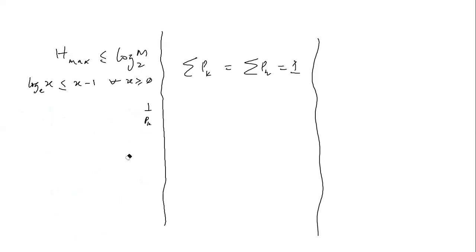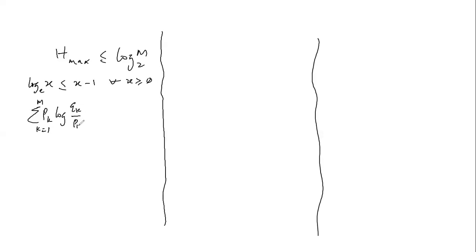All right. And going by that, we can simply put what we wrote earlier as summation k equal to 1 to m of p_k log q_k over p_k. You know how we got here now? Yes. Okay. Now, this is base 2, right?